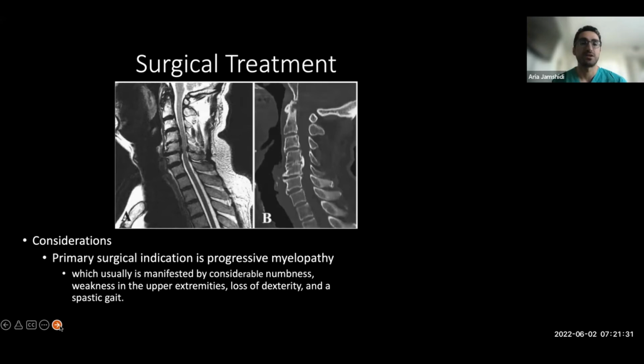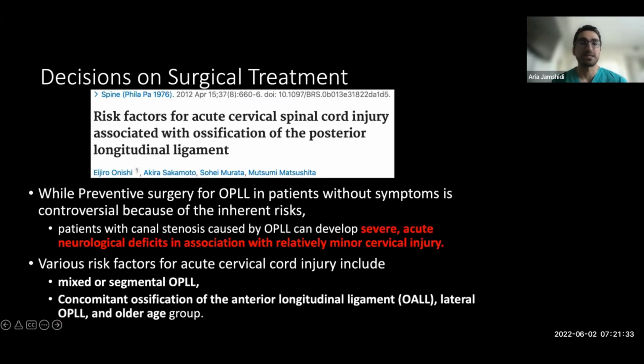They've lost their dexterity, have a spastic gait, and in terms of decisions on surgical treatment, like we said, while preventative surgery for OPLL in patients without symptoms can be controversial because of the inherent risk, it's important to know which patients are most at risk of developing spinal cord injury.